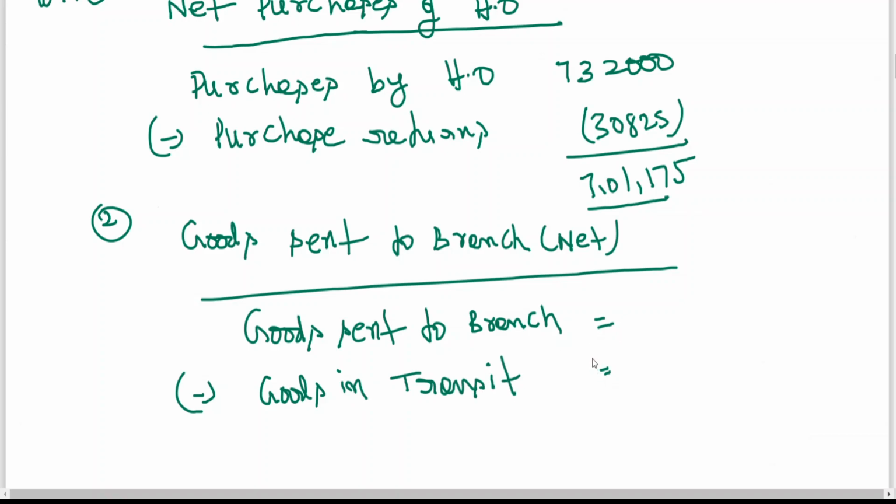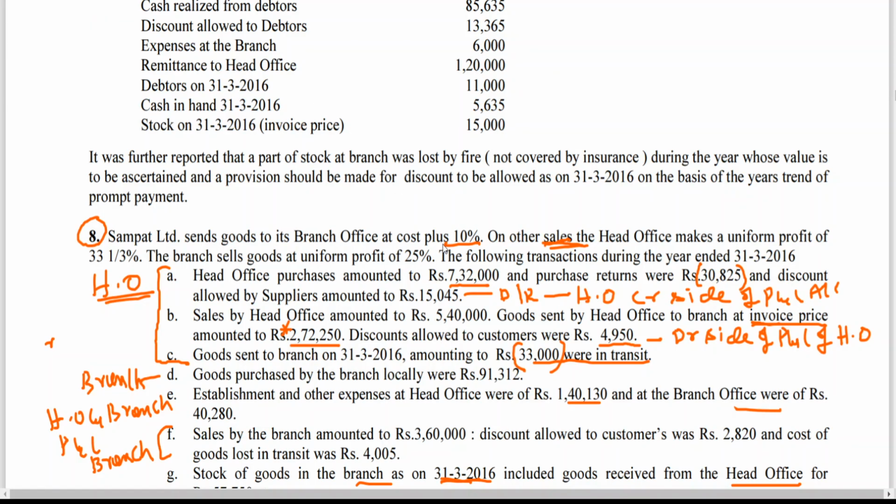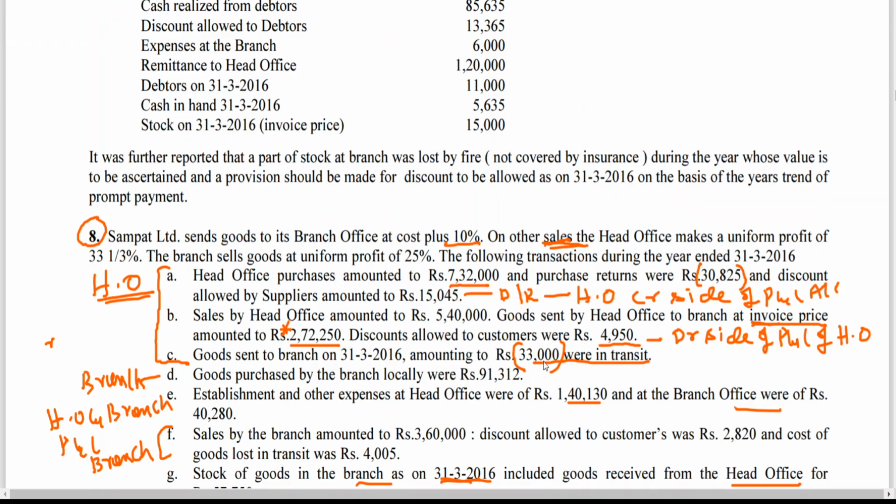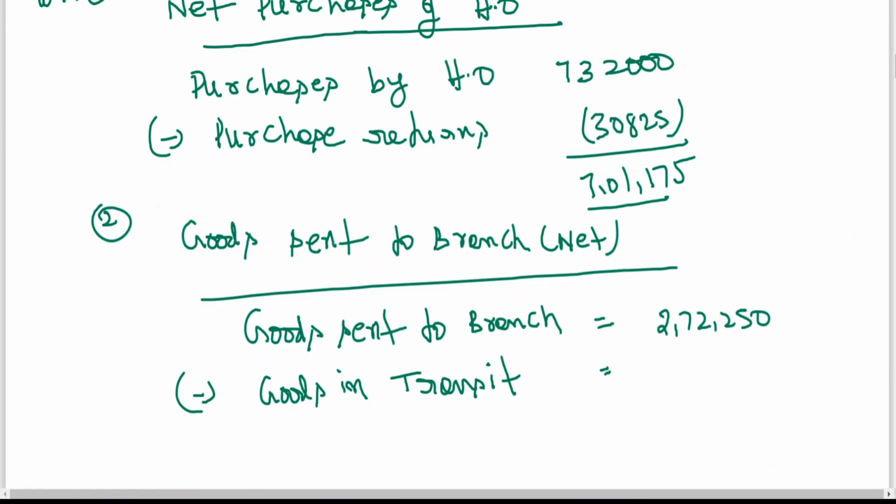Goods sent to branch is given as 2,72,250. Goods in transit means that goods have not been received. What is goods in transit? 33,000. So 2,72,250 minus 33,000. It is coming to 2,39,250.